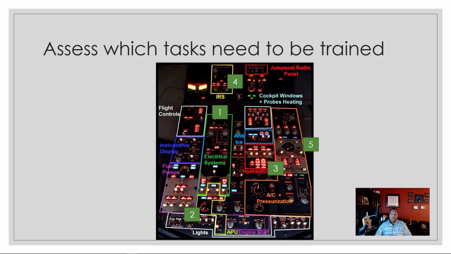So now, in my task analysis, I have identified that one of the problems is the sequence of steps. Now, if you continue doing your task analysis, you can realize that the second task that is always a problem is, in this case, how to begin the APU, or the auxiliary power unit.